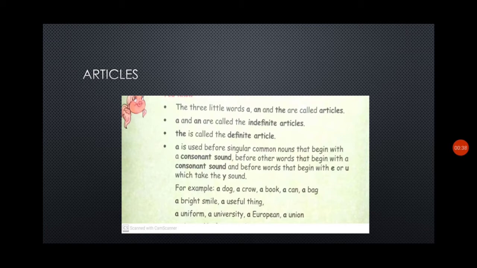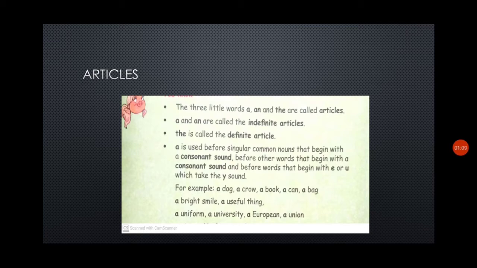As a general rule, a or an is placed before a countable noun in the singular number. Alright, I hope you all remember what countable and uncountable nouns are. Countable nouns are the ones which we can count and which have a plural, whereas uncountable nouns cannot be counted and they do not have any plural.